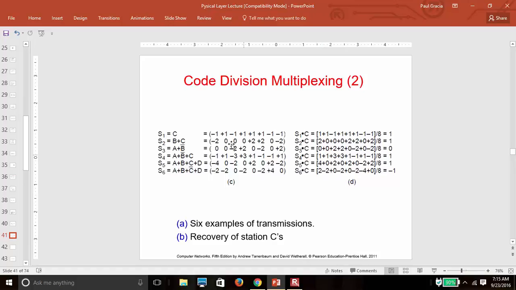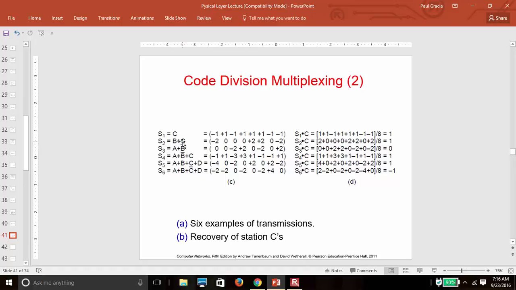So we have the signal that C is sending. The first signal we have is C sending.